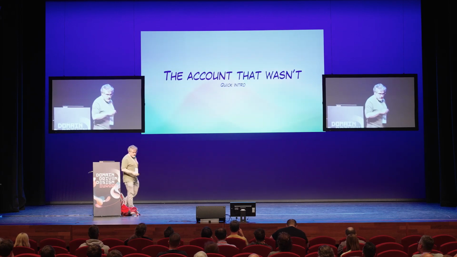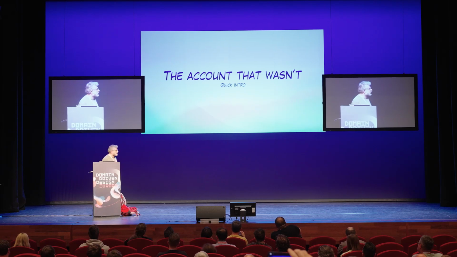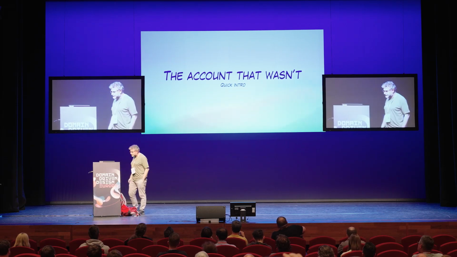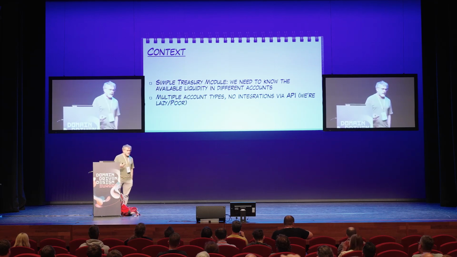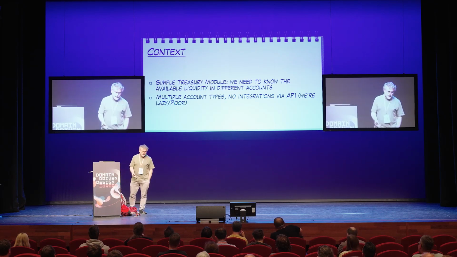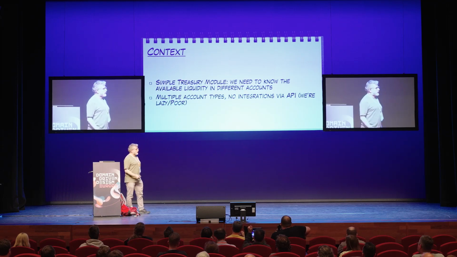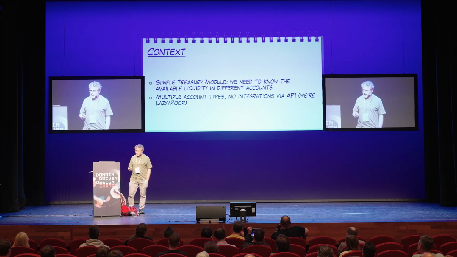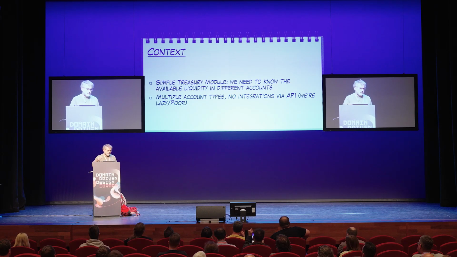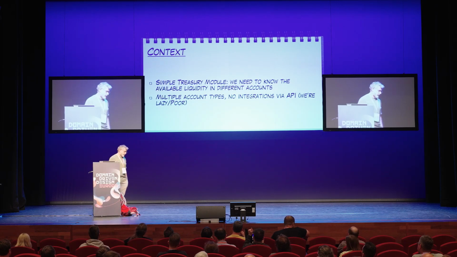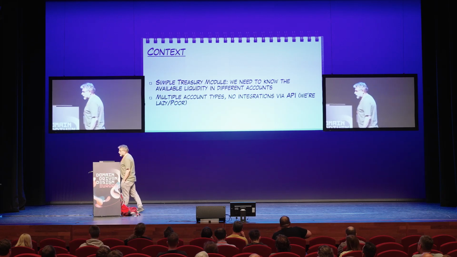We start with something which is not exactly part of it, which is the story of an account that wasn't an account. The context was we were trying to develop a portion of a treasury system in our internal software, and it was kind of an easy thing. We would like to just keep track of how much money is available on different bank accounts or different digital accounts like PayPal and so on.